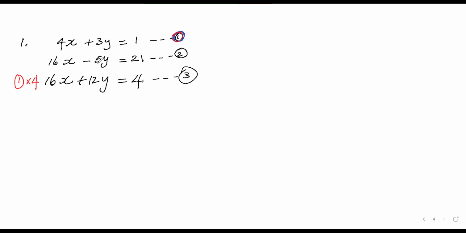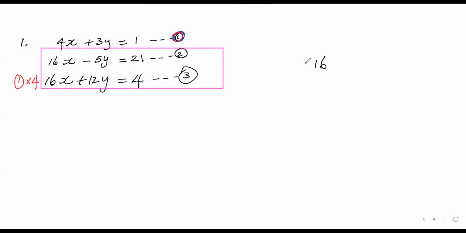Now we can eliminate. So what are we eliminating? We are eliminating this. But we're doing everything, all right, because if you do one thing to one side, you have to do it to the next. So here what are we doing? Now you have 16x and 16x.